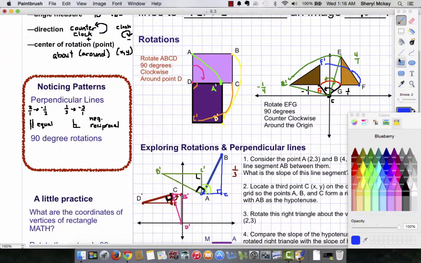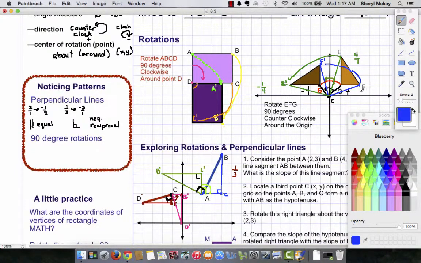So we have to connect from our center point, our center of rotation. We connect the center of rotation to F, and let's connect it also to F prime, and let's figure out what the slopes are.